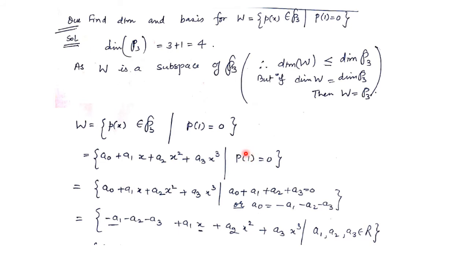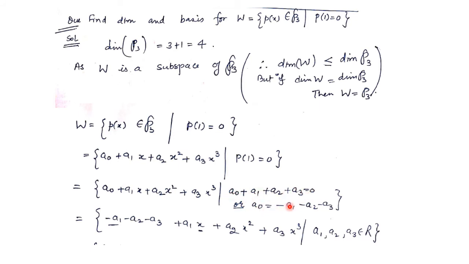So write down a degree 3 polynomial with the condition that P(1) is 0. P(1) = 0 means when you put x to be 1 in this polynomial, the value is 0. So we put x to be 1 over here. It is A0 plus A1 into 1 plus A2 into 1 plus A3 into 1 equals 0. So we can find any scalar in terms of the others. Here we find the value of A0 in terms of the other scalars.